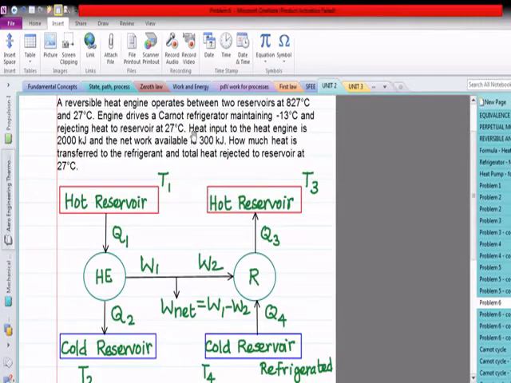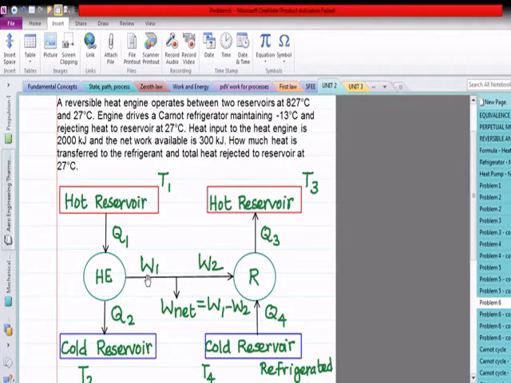In the third sentence, heat input to the heat engine is given as 2000 kilojoule, and the net work available is 300 kilojoule. So here I have drawn a heat engine block diagram and refrigerator block diagram.